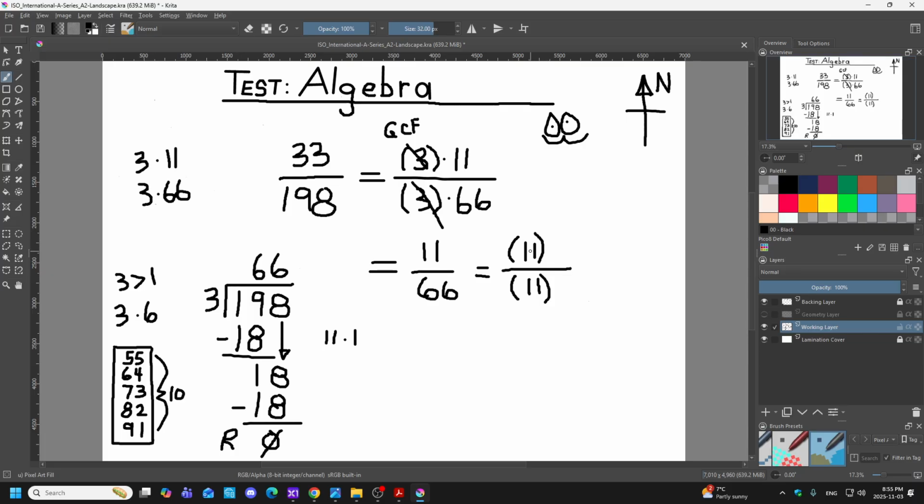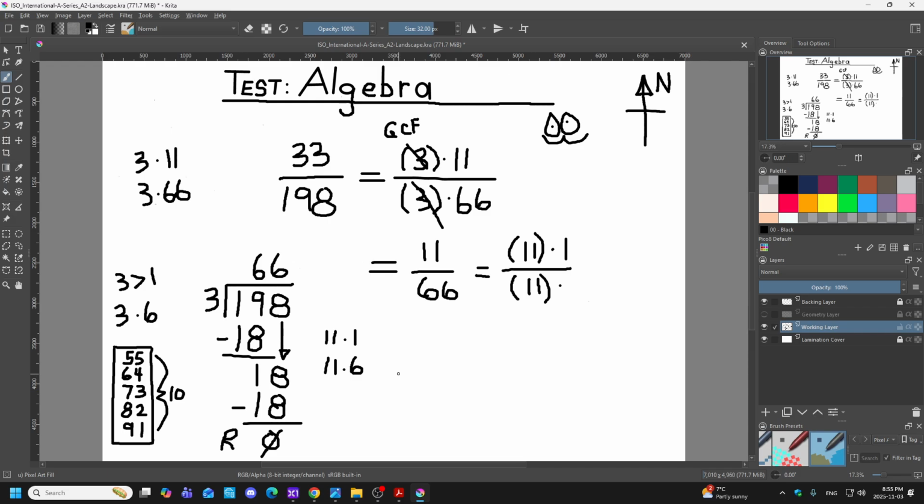Again, the larger the number, the faster you're going to reduce. Again, we're having to do it in 2 steps, but that is okay. 11 times 1. What times 11 gives us 66? Well, we figured that out, and that is 6.